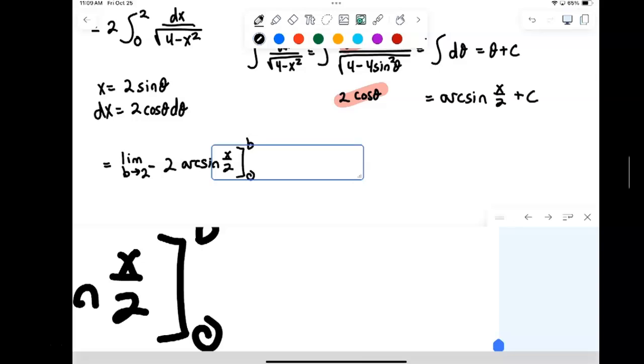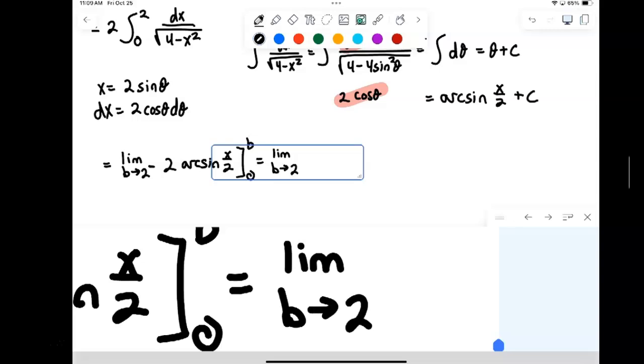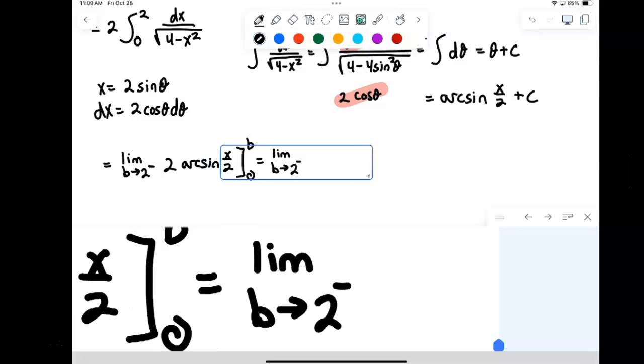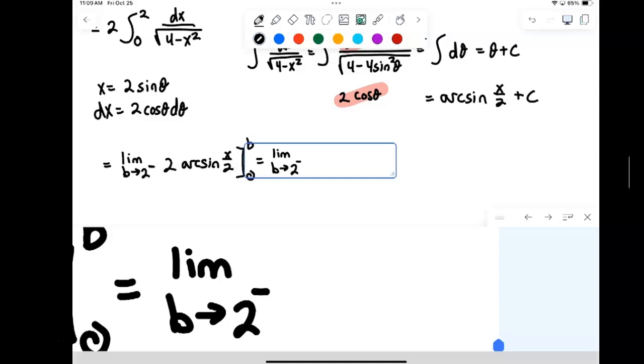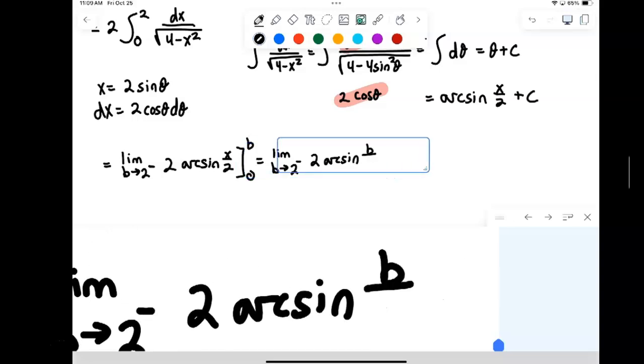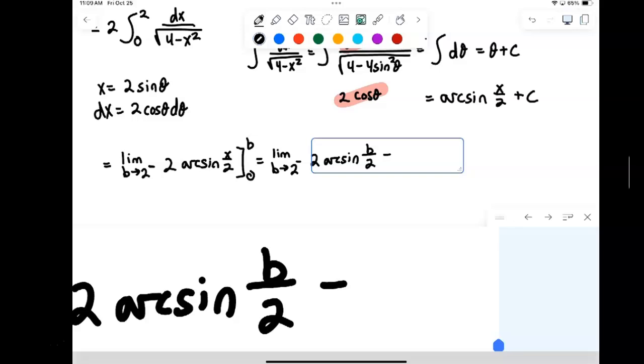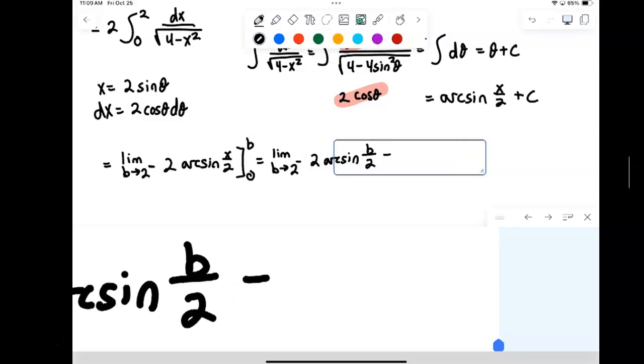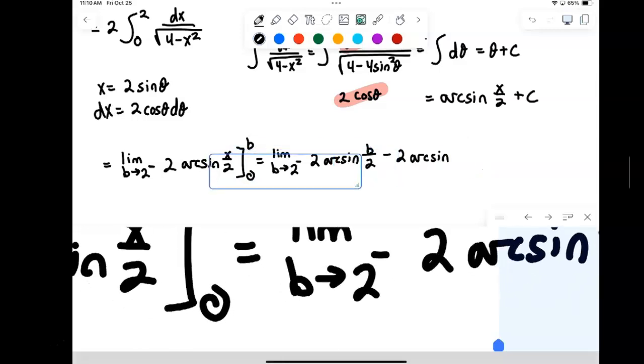Okay, and we start to work that out. So the limit as b approaches 2 from the left of 2 arcsine of b over 2 minus 2 times the arcsine of 0.